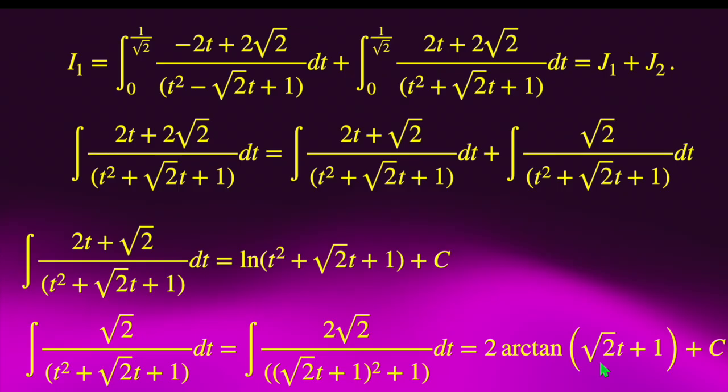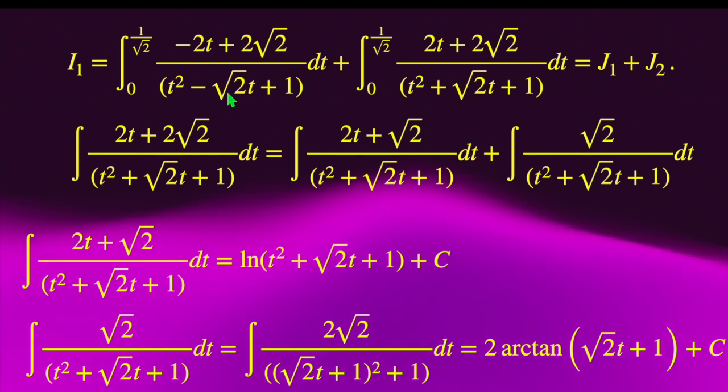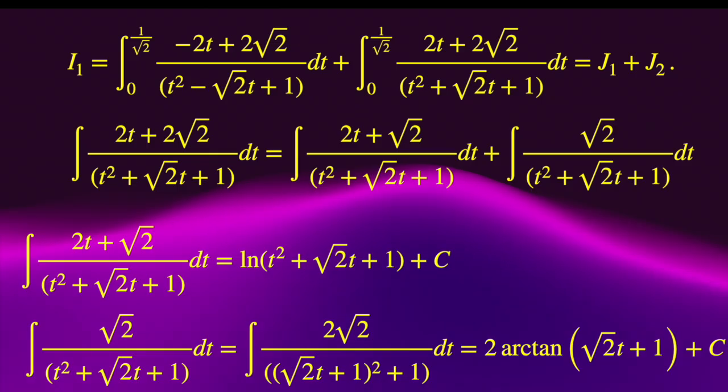And now we have the antiderivative of this function. The antiderivative of this one can be done by using a change of variable u equal minus t.